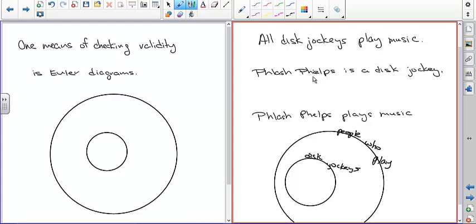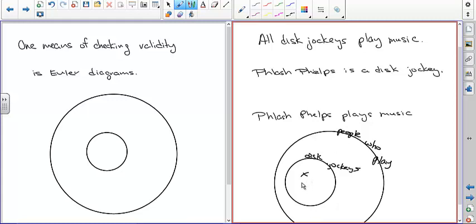Then the next sentence, which is the second premise, Flash Phelps is a disc jockey. So here's Flash Phelps. We'll put him in the circle for disc jockeys. This makes it so I have to put him in the small circle. By doing that, he's also, as a consequence, in the big circle. So the big circle is people who play music.